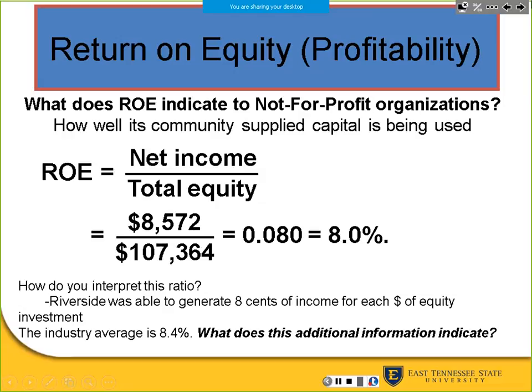Right, so we're talking about return on equity. Yes, so we're getting a return on our investments less than the industry standard. So we use low debt financing, is what this is telling us. The industry average is they put about 8.4% of each dollar to an investment, and we're putting about 8%. So we use a lower level of debt financing than what the industry average does.